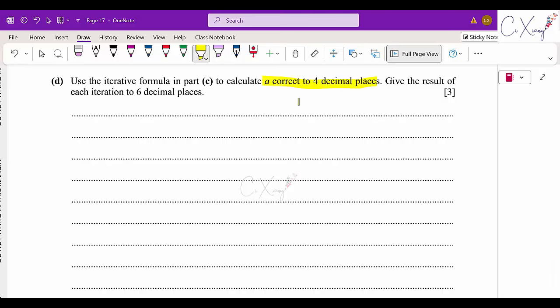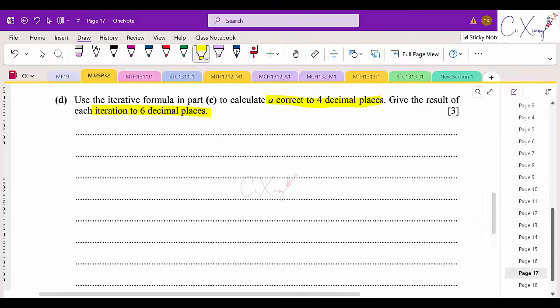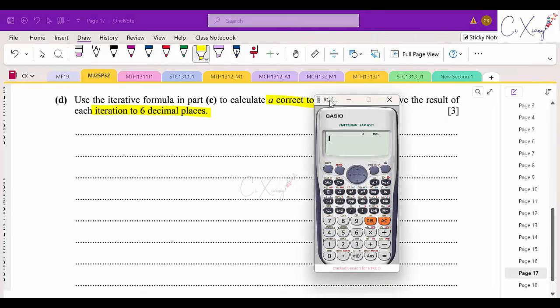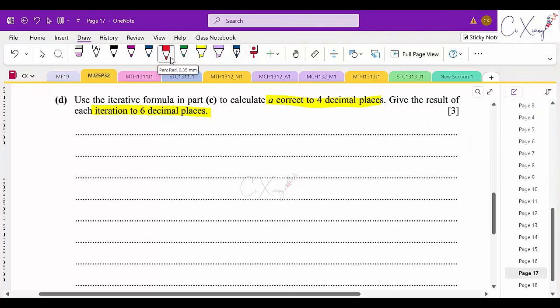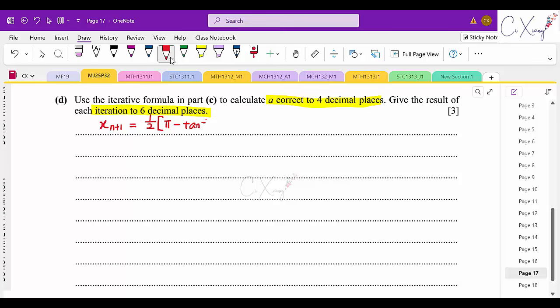Then give your result for iteration to 6 decimal places. Wow, there are a lot. Okay, let us start. Maybe I try to write out the iteration formula first. Yeah, I'm having x n plus 1 equals 1 over 2, then pi minus tangent inverse of xn.